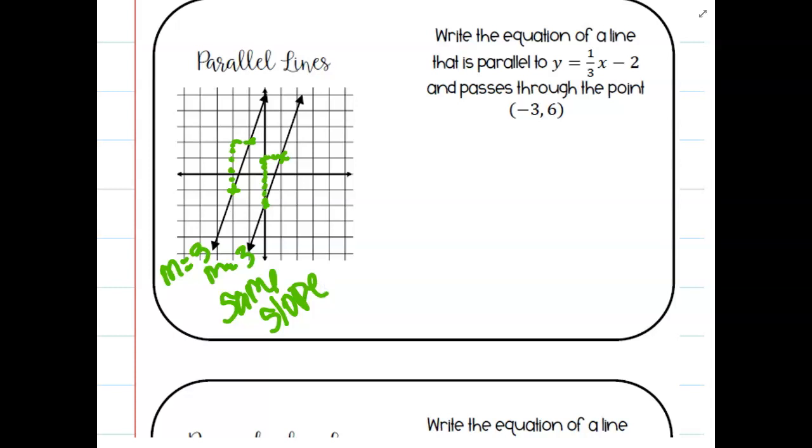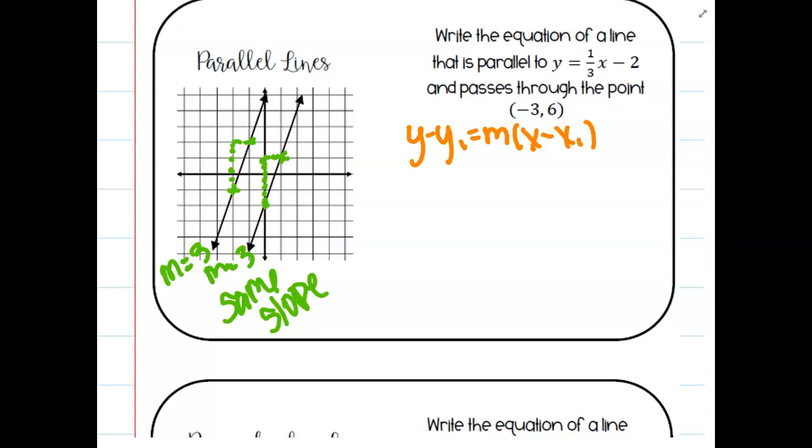So what we're doing today is we're going to have something that looks like this: the equation of a line that's parallel to y equals 1/3 x minus 2. You can kind of picture that line in your head. But it passes through the point -3, 6. Most of what we do is the same as yesterday. We're going to use point slope form: y minus y1 equals m times x minus x1.